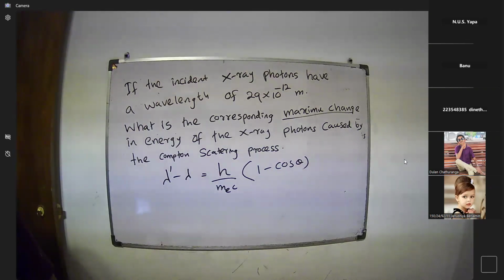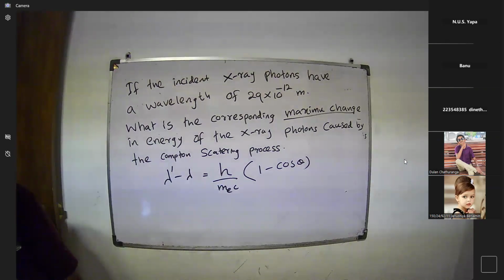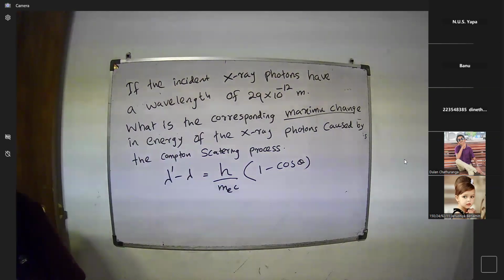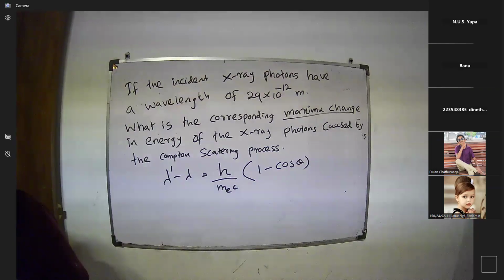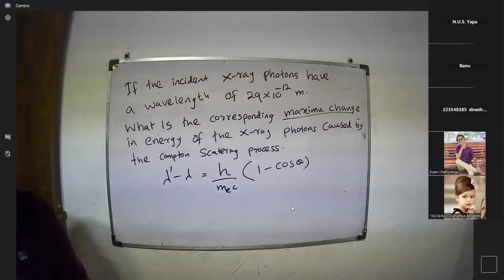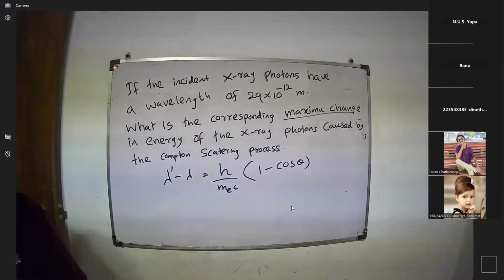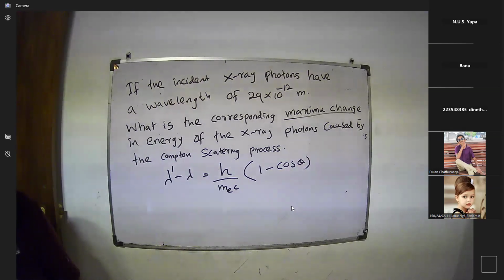The question is asking what is the maximum change in energy of the X-ray, right? For the maximum shift, what is the theta value when the maximum change occurs? In 1 minus cos theta, theta can change to 0, 30, 60, 90, 45 like this.